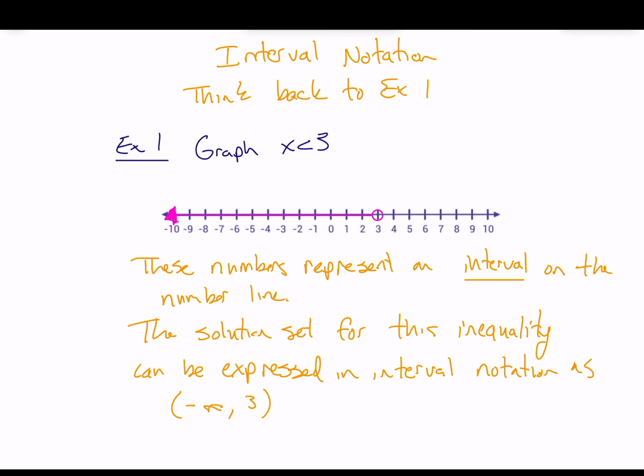Now you may be wondering, where does the negative infinity come from? Well, the negative infinity comes from the fact that we're extending to the left indefinitely.